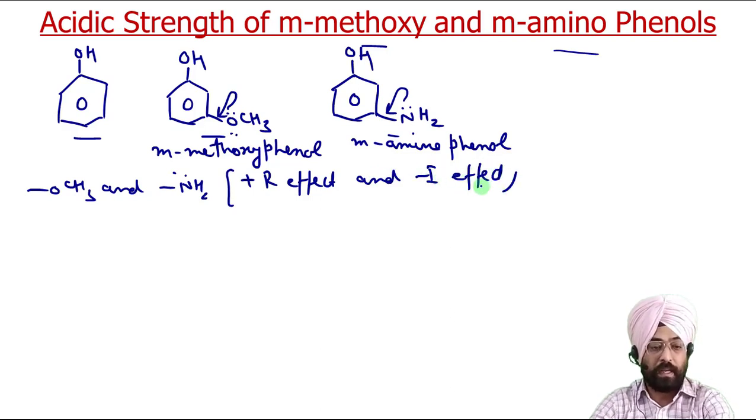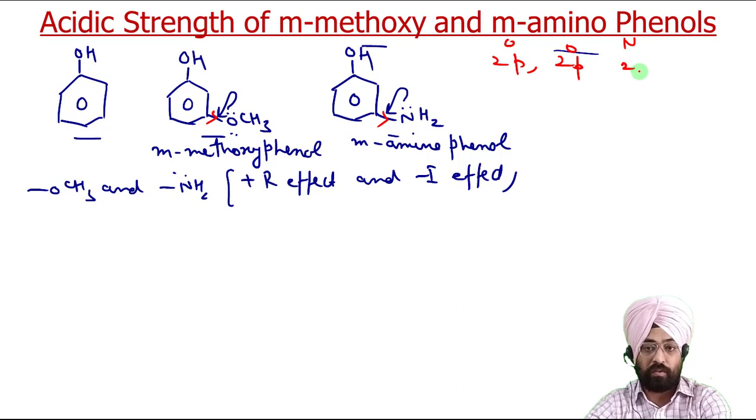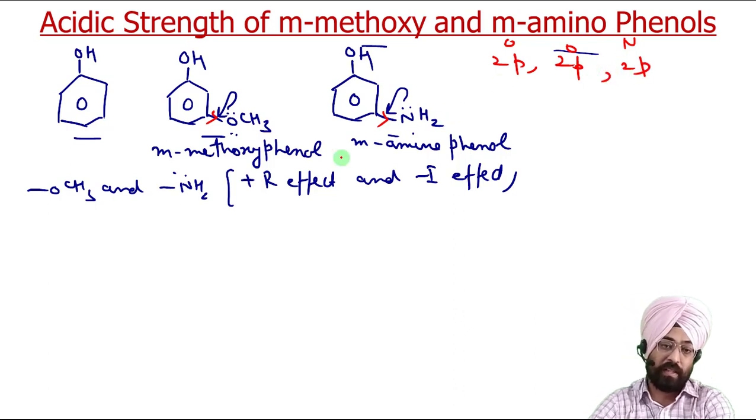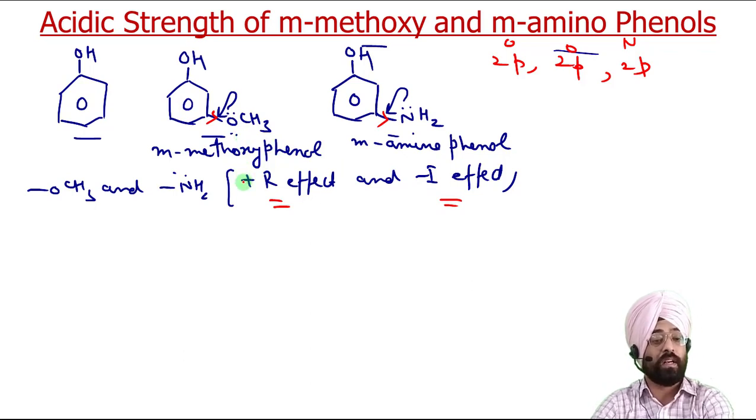They attract the electrons towards themselves because of the inductive effect. Here carbon has a 2p orbital, oxygen also has a 2p orbital, and nitrogen also has a 2p orbital. So here the resonance effect as well as the inductive effect are efficient, but we have studied that the resonance effect is maximum at ortho and para positions. At the meta position this group does not get involved in resonance.